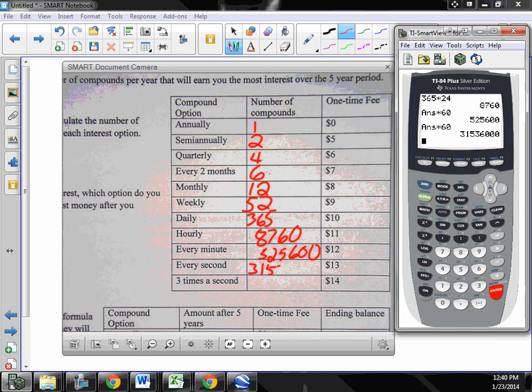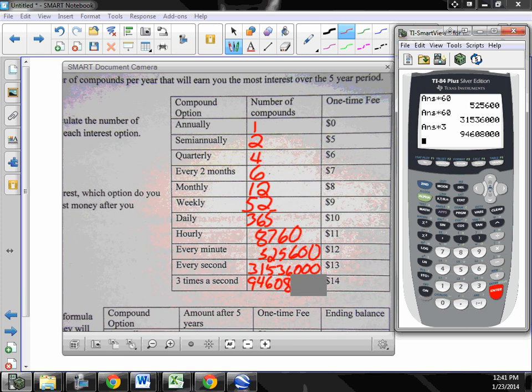Well, no, you've got to write it out because we're going to put these in our calculators. And 3 times a second, 9,460,608,000 times.